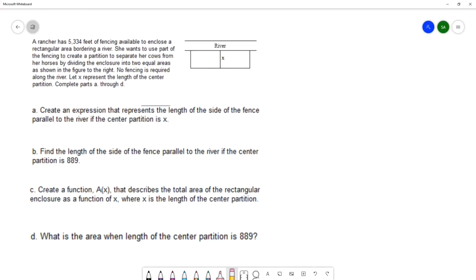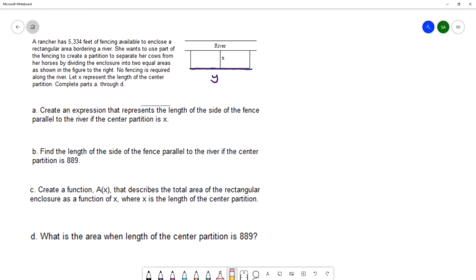Now we want to create an expression that represents the length of the side of the fence that's parallel to the river. So that's this part right here. The length of fence that's parallel to the river, let's call that Y. Then we want to find the length of the side of the fence parallel to the river if that center partition is 889.